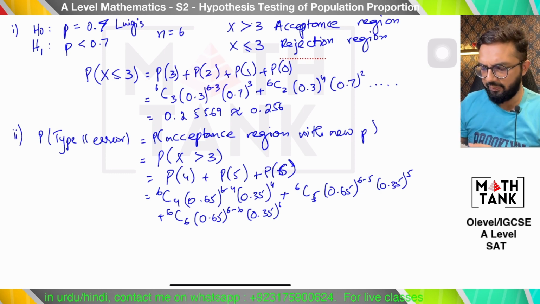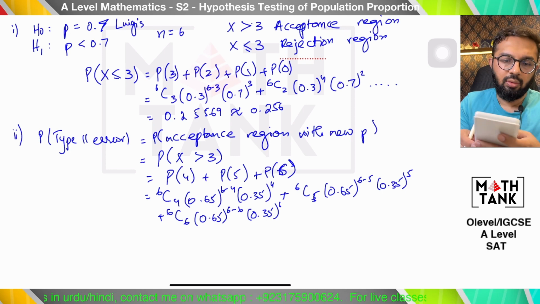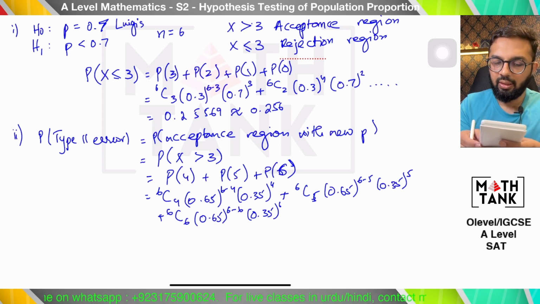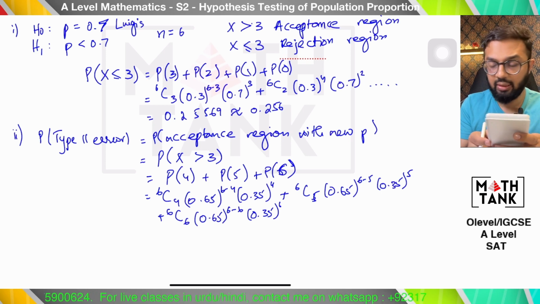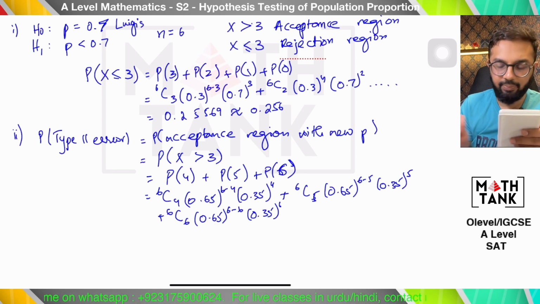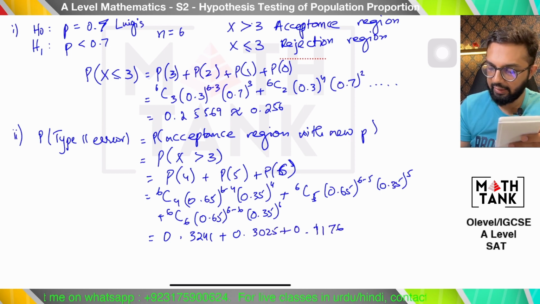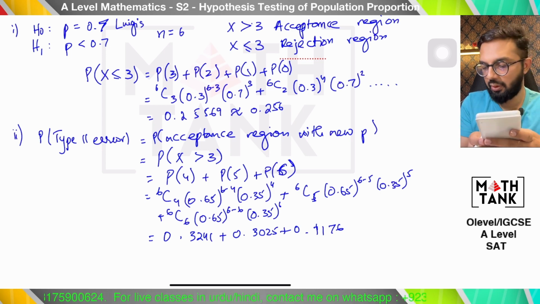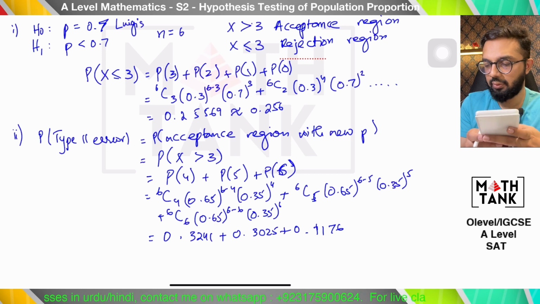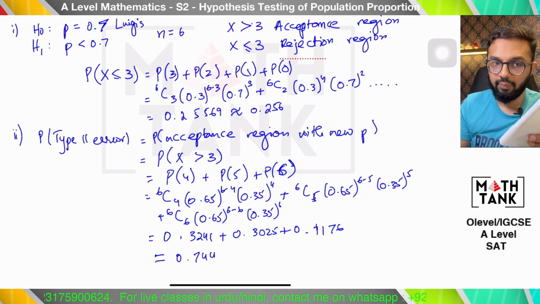This is going to take me a little bit of time because I'm going to use the binomial probability distribution where I accumulate, where I write down things on a list. 4, 5, and 6. N is 6 and 0.7. Yeah. So I get 0.3241 plus 0.3025 plus 0.1176, 0.7442.